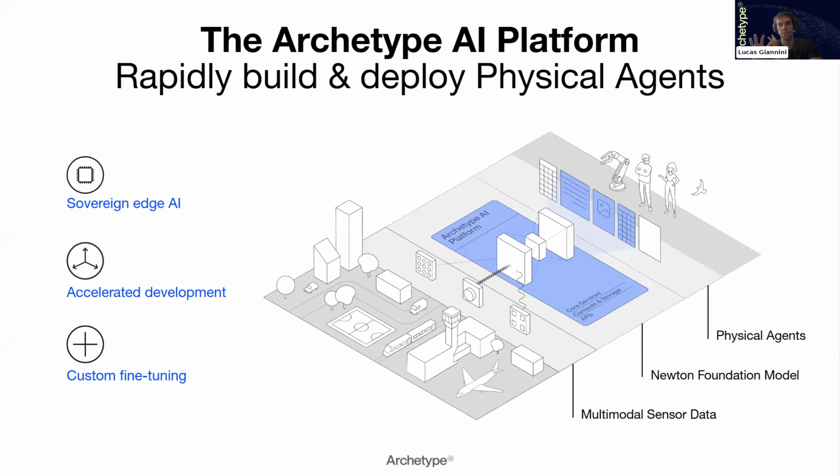But essentially, once you use the platform to build and to test these physical agents, you want to deploy it, right, to the cloud or also to the edge. And the platform also has capabilities to help you do that. So you can either deploy to the cloud or to the edge once you have this working agent that you use the platform to build.